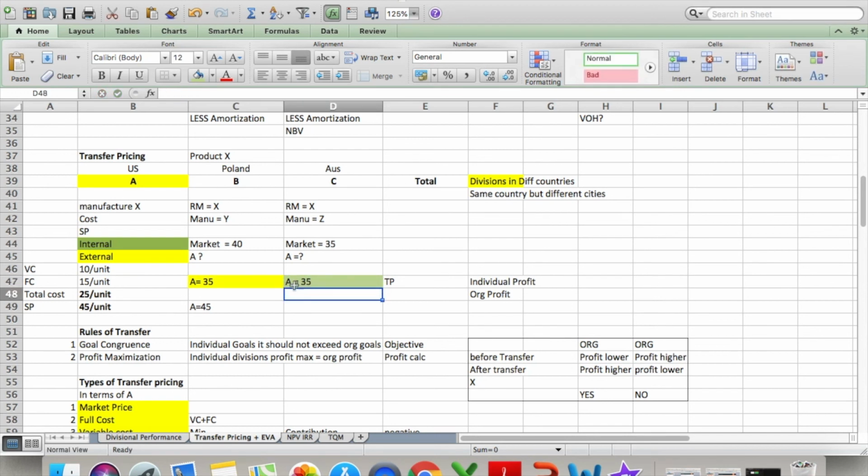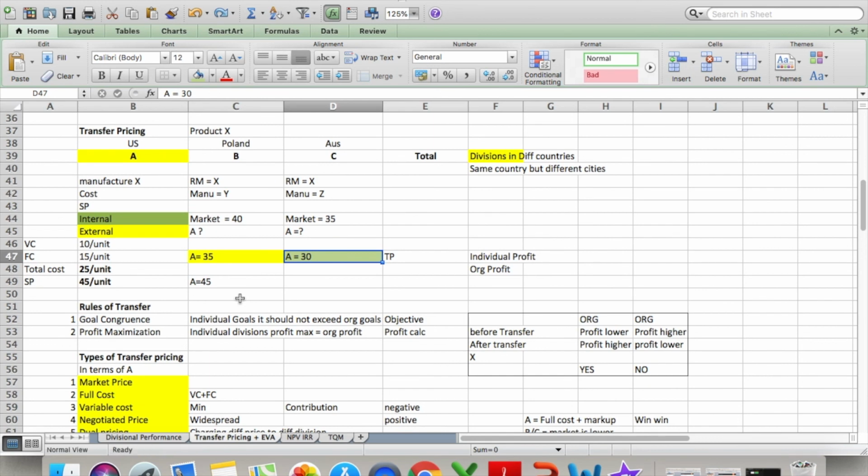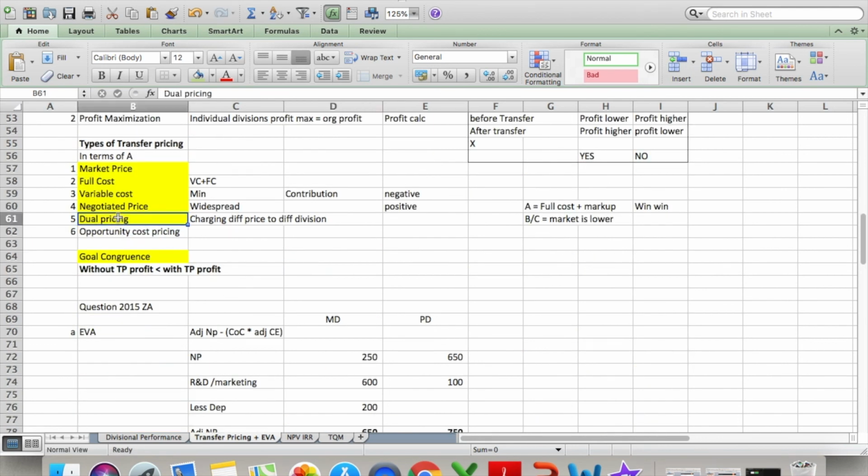Then we would call this negotiated only. Now there is no dual pricing taking place because A is selling its product on equal price to B and C. But if C gets it at 30, then it becomes negotiated with dual pricing. So we've understood dual pricing as well.